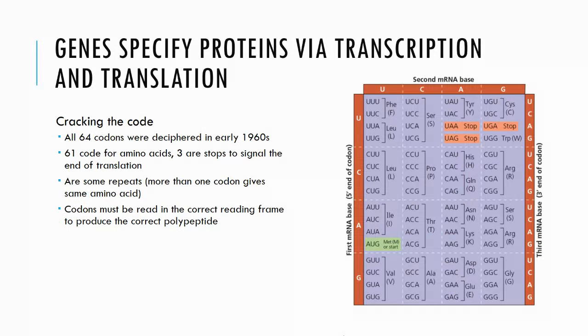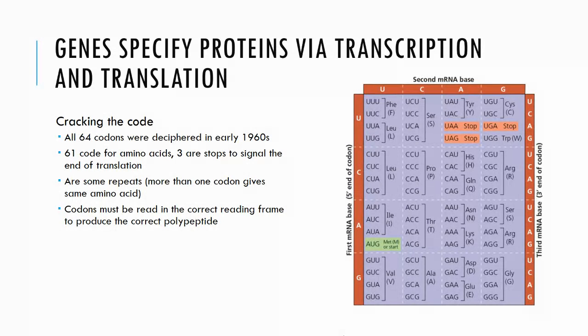And so this is the codon chart that lets us know which codon corresponds to what amino acid. All 64 codons were deciphered in the early 1960s. 61 of them code for an amino acid, and 3 are stop codons that signal the end of translation.